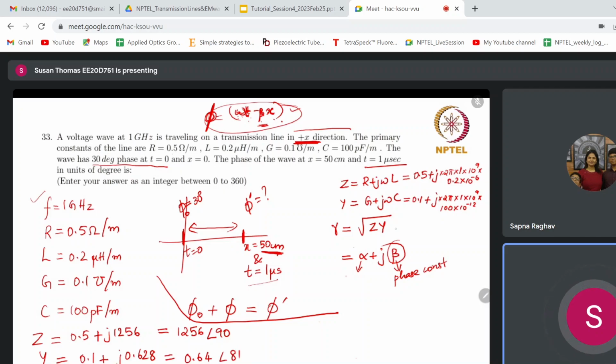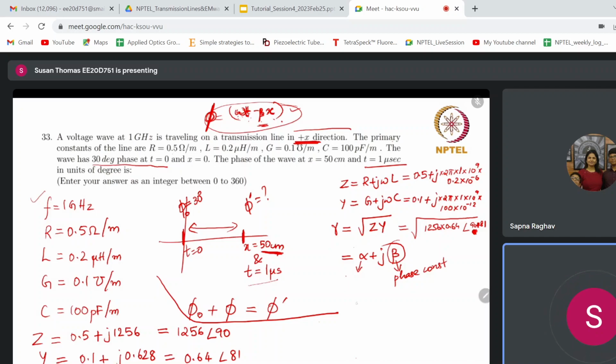Now, how do we find gamma? Gamma is root of Z into Y. So, see this. This is Z in polar, Y in polar. If you take the multiplication, what will happen? Square root of 1256 into 0.64. If you take multiplication, it means add 90 and 81.